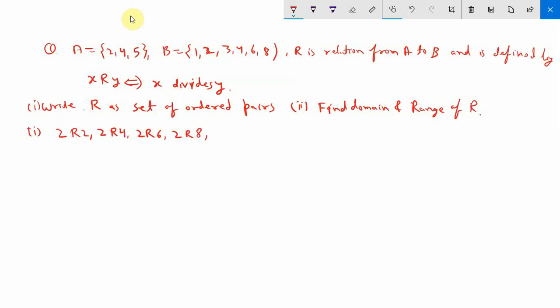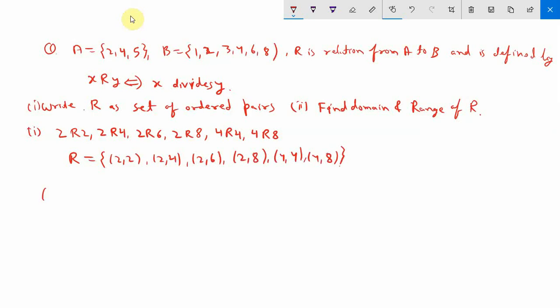Next is 4. 4 will only divide 4 and 8, so 4 R 4 and 4 R 8. 5 will not divide any of the elements of B. So R can be written in the form of ordered pairs: (2, 2), (2, 4), (2, 6), (2, 8), (4, 4) and (4, 8). Okay.